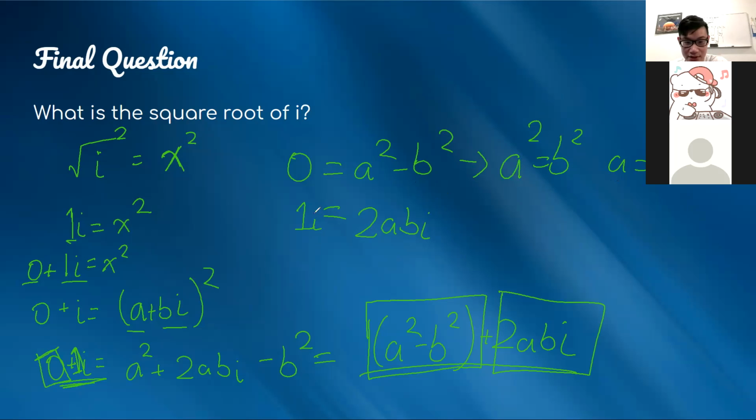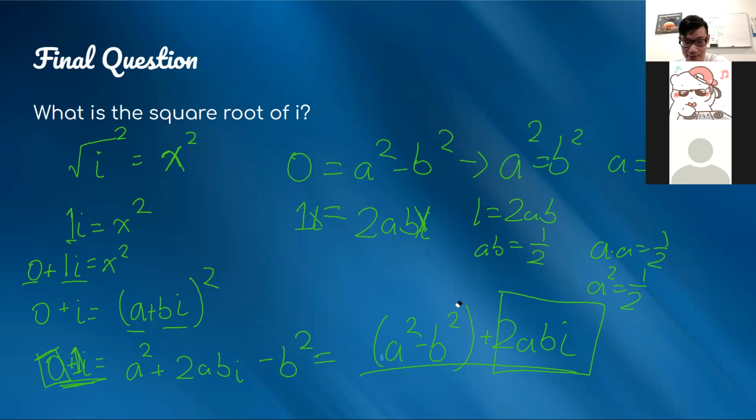If I take this equation and divide both sides by i, we can just cancel out i. So we have 1 equals 2ab. I can divide both sides by 2, so ab equals 1/2. And we know that a equals b, so all we can do is replace b with a. So a times a equals 1/2, so a squared equals 1/2.